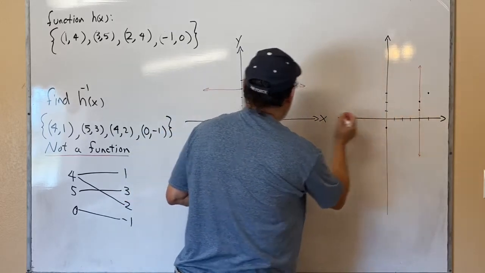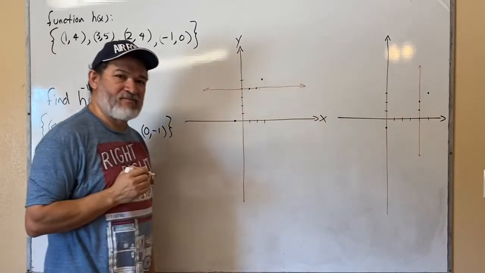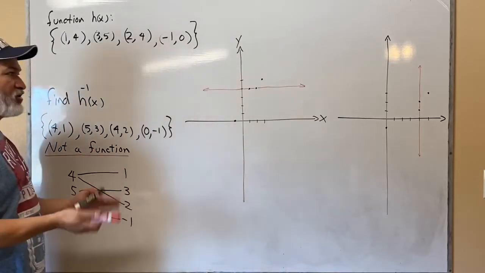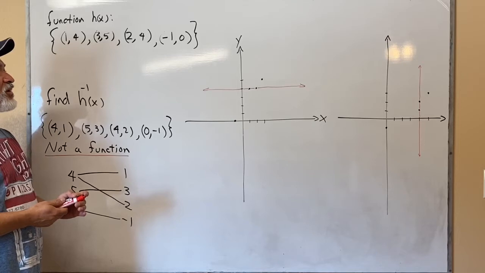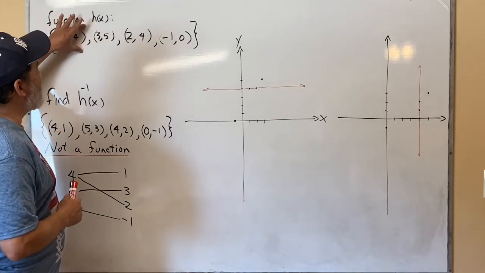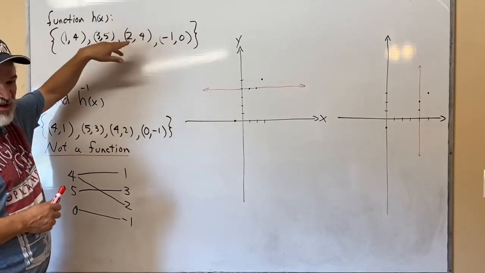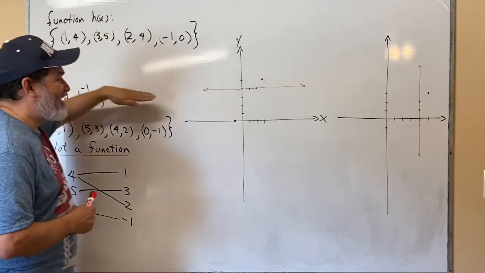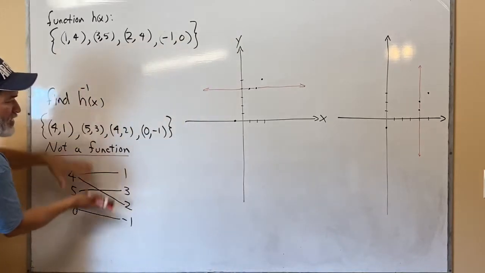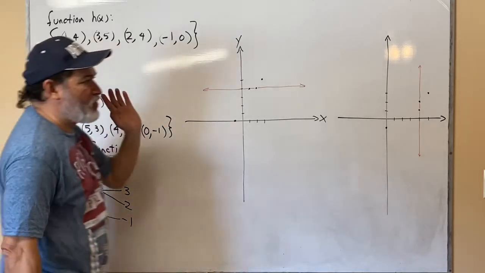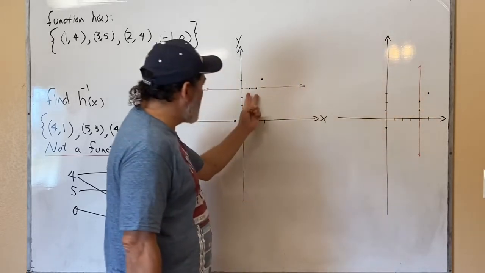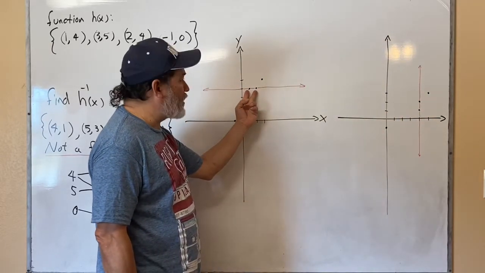Those 2 points are these 2 points. So, in the future, we can find out right away if a function has an inverse by a horizontal line test. Look, instead of going through all of this, we found out that this vertical line, these 2 points, are these 2 points. Okay?